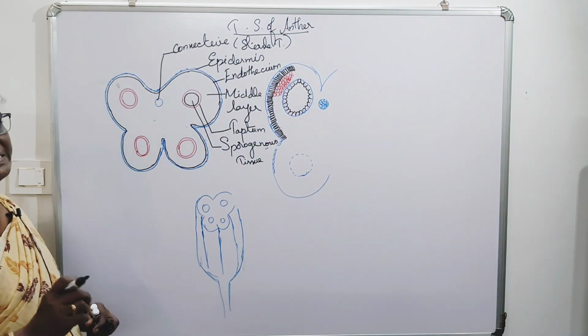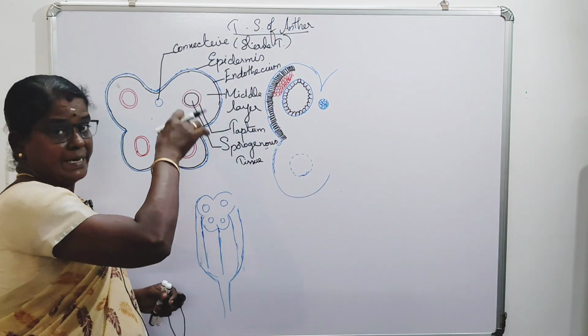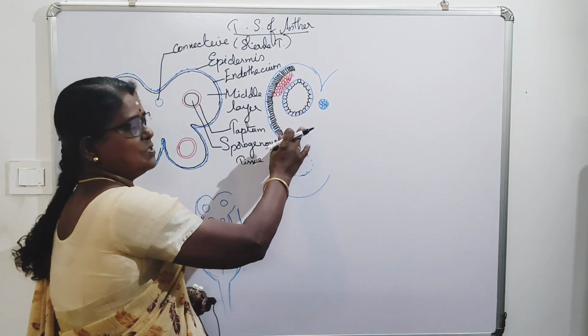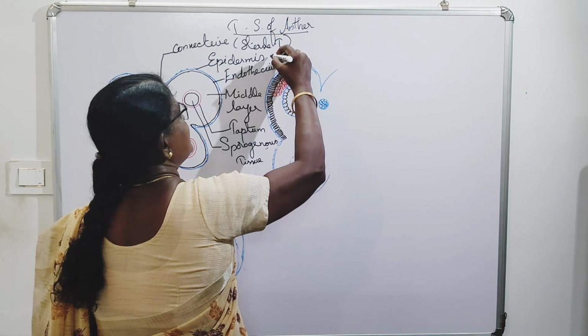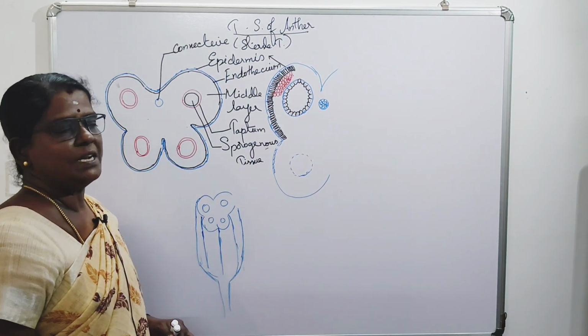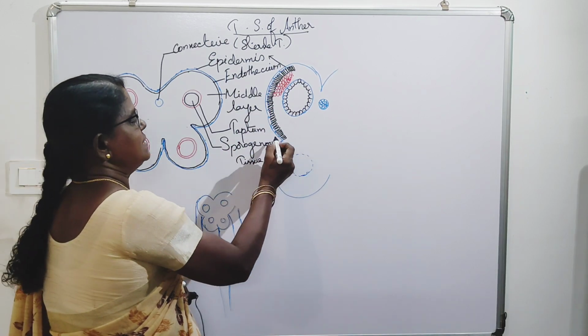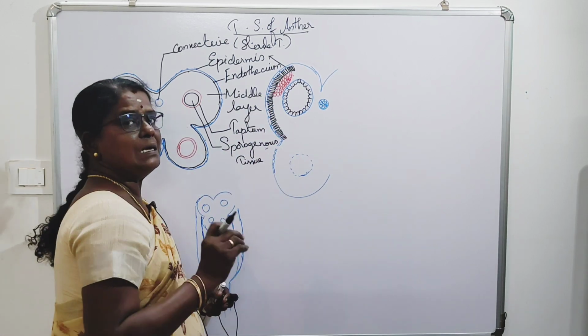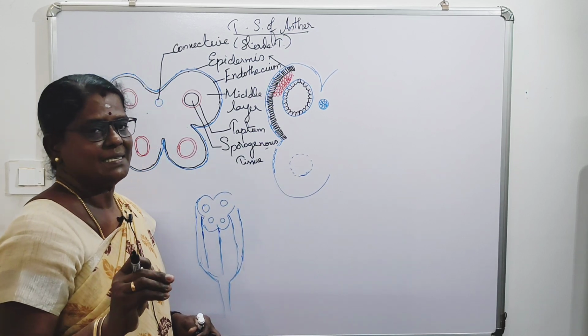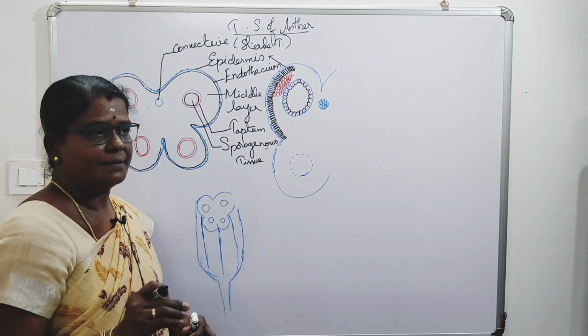Now we will see the layers of anther in detail. In this structure you see this is epidermis. The outermost layer is known as epidermis. It is formed of a single layer of flat cells. It gives protection to anther.